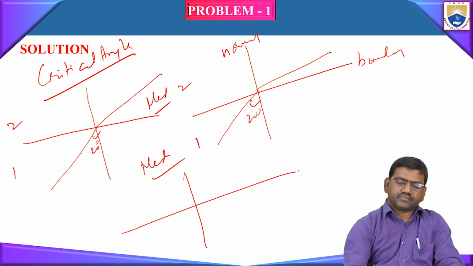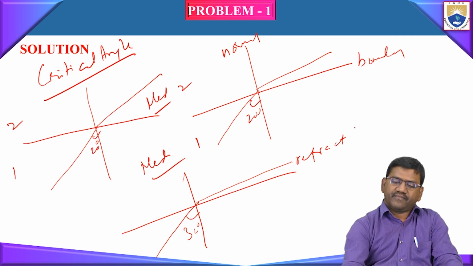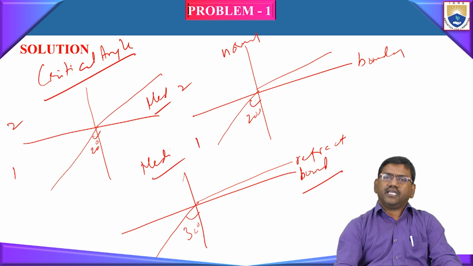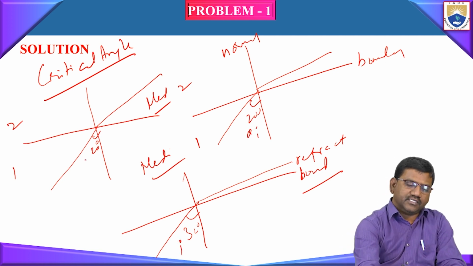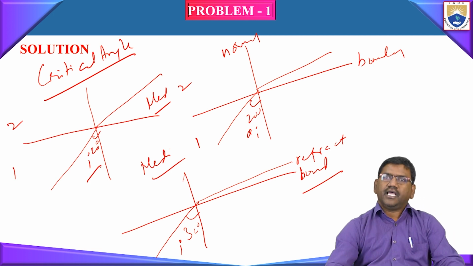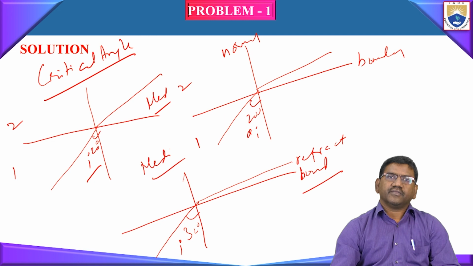Again, if we increase the angle to 30 degrees, the ray bends like this. There is refraction happening, and this is the boundary. This is the angle of incidence, i. As the angle of incidence increases, the ray bends away from the normal.